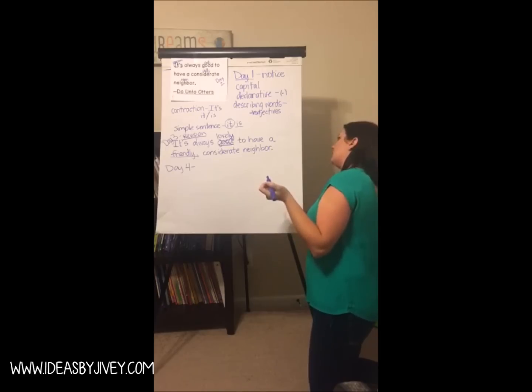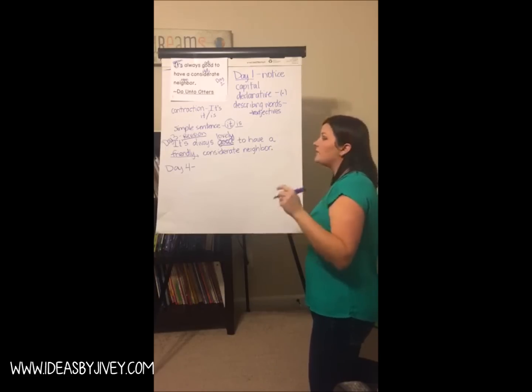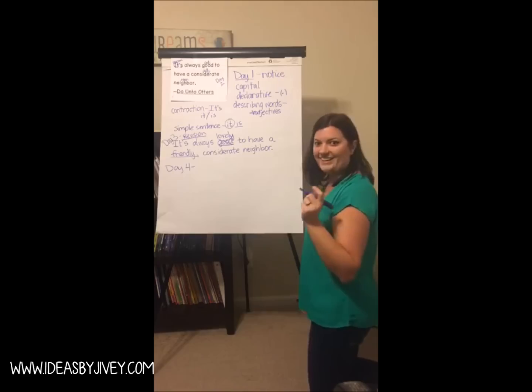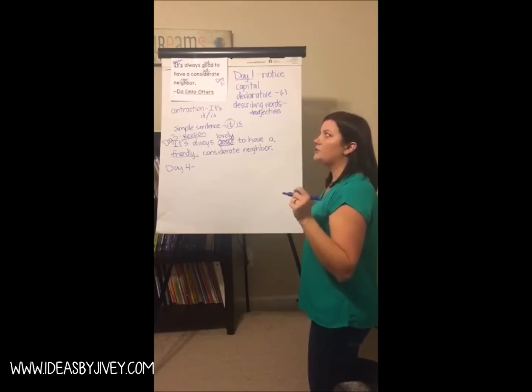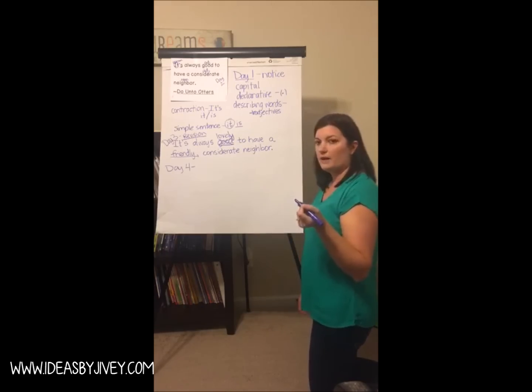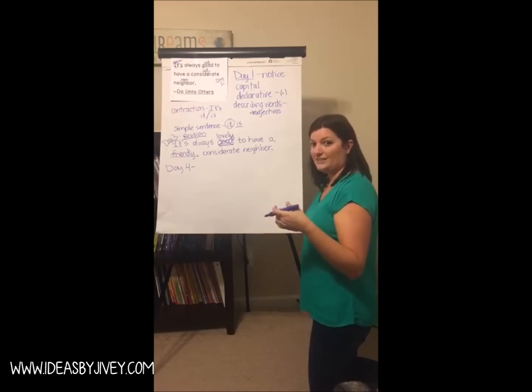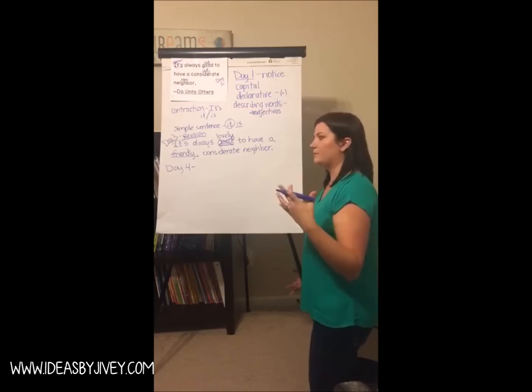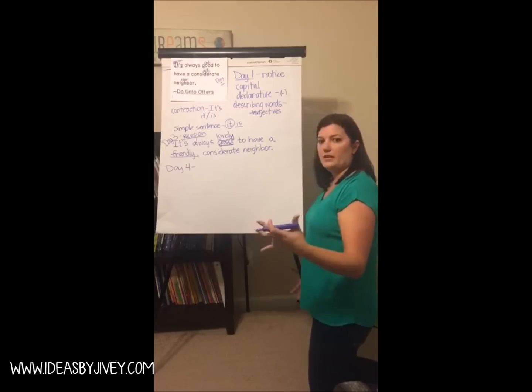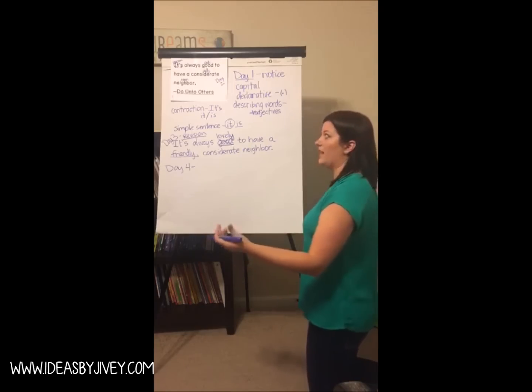So let me see my model. Oh, that's right. I suggested in this lesson you could actually have them talk about what kind of classmate they want to have. So they talk about kind of setting the environment or the community of the classroom for the year, what kind of classmate they want to have.